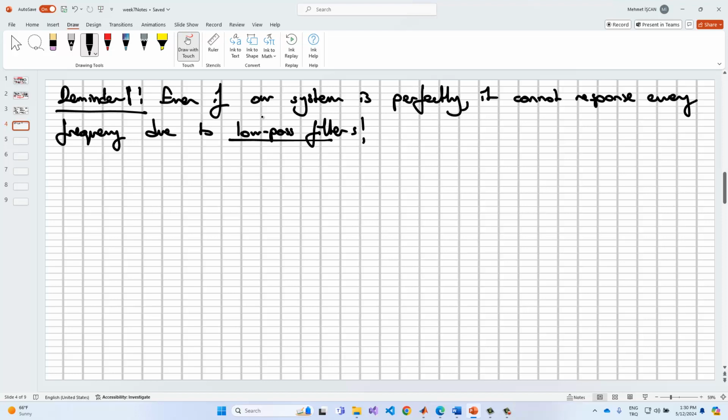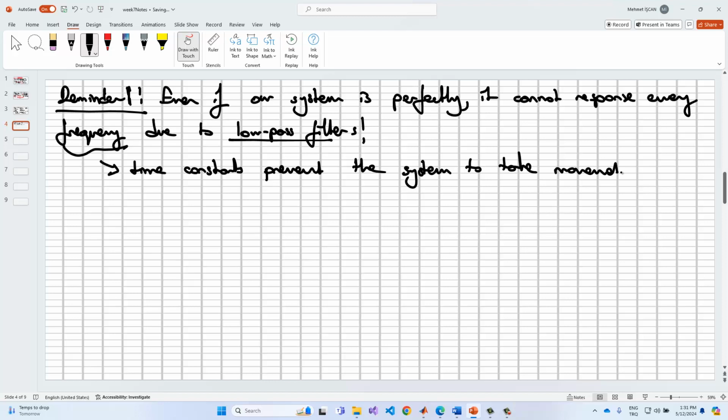Okay, but from the nature or the control theory perspective, the natural frequency is directly related to time constants, and it prevents the system from taking movement at every frequency.